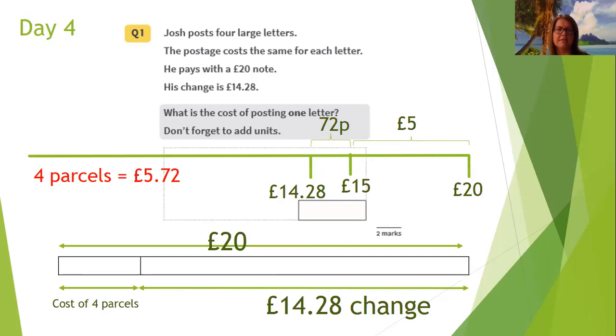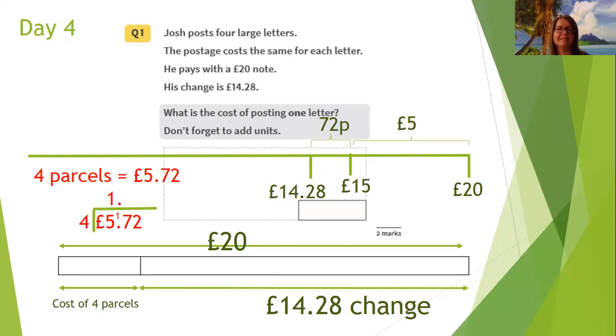Now I want to find the cost of 1 parcel, so I'm going to divide that. Looking at that, I think I'm going to do a division bracket for that one. I've got a decimal point in my question, so I need to put the point in the answer. So I'm starting from the left and I'm asking myself, what is 5 divided by 4? Well, it is 1 with a remainder of 1, so that goes in front of the 7 to make that 17, and then 17 divided by 4, Mrs. Cunningham?